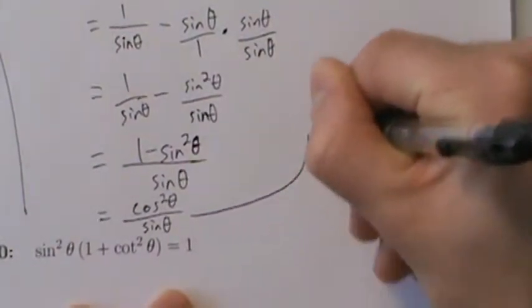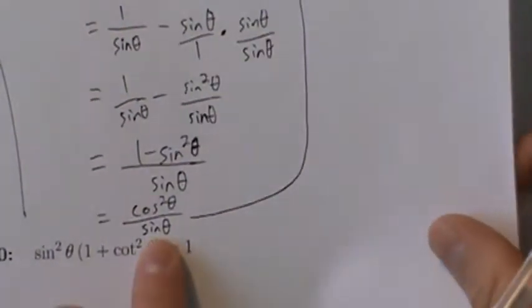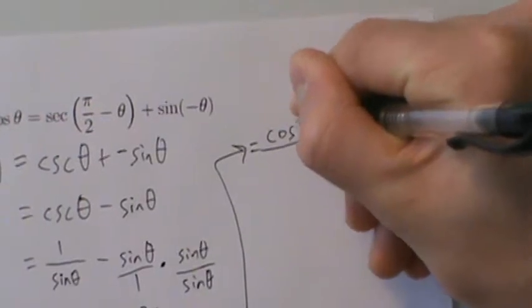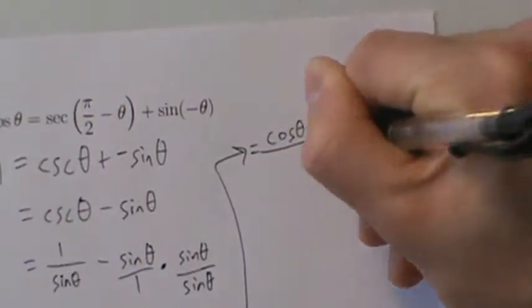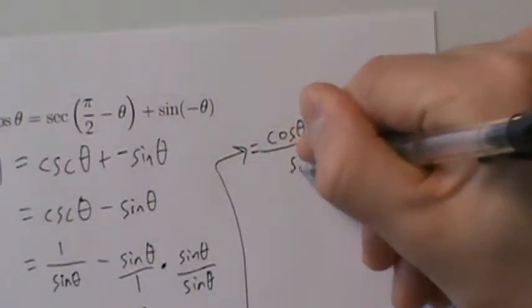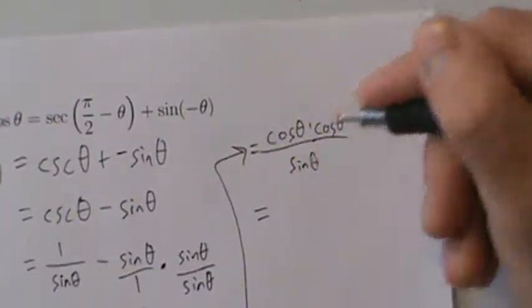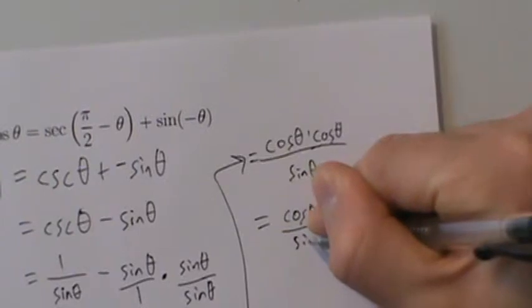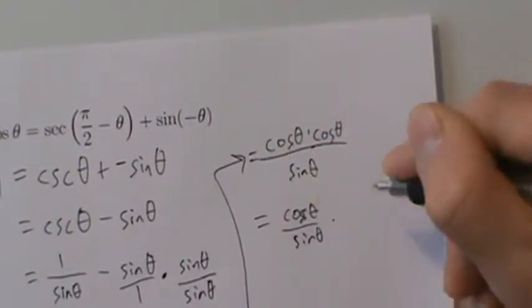We're out of room here, so let's come back up here. So cosine squared of theta on top, sine theta on bottom. That's the same thing as cosine of theta times cosine of theta, all divided by sine of theta. Now this is the exact same thing as cosine of theta over sine of theta, and we can pull off this other cosine of theta.